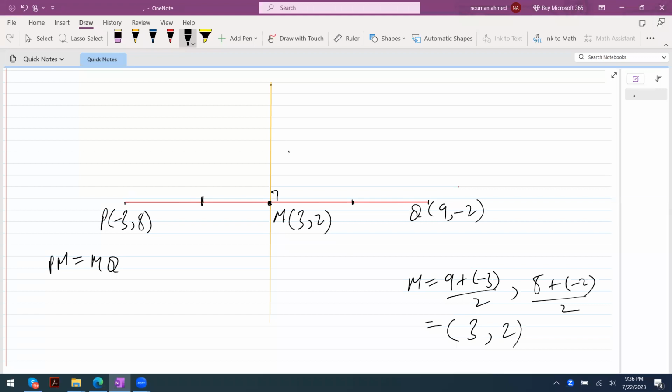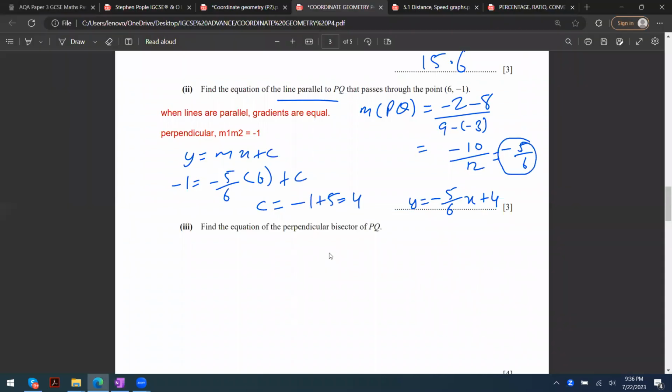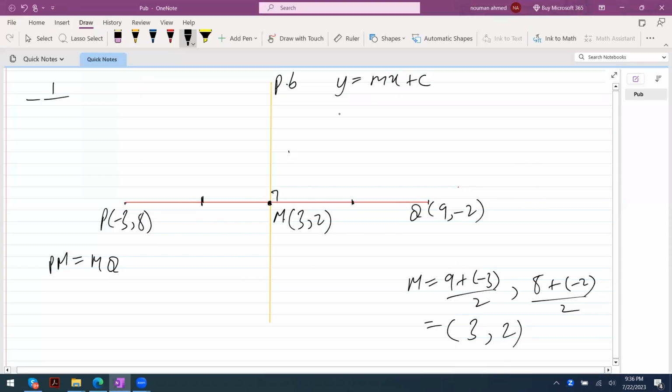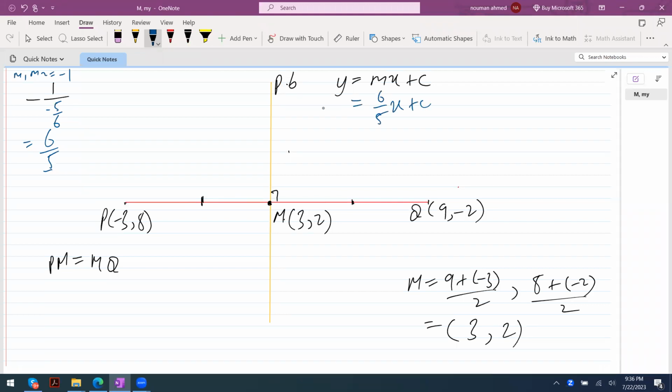So again, this is the perpendicular bisector. Let's call it PB. y is equal to mx plus c. Gradient will be, as just now Chavez told us, the negative reciprocal of the PQ gradient. What is m of PQ? We already found it here. The gradient of PQ is minus 5 over 6. So minus 1 over minus 5 over 6. Negative negative cancel, it's 6 over 5. Okay. m1 m2 is equal to minus 1. So we have the gradient, 6 over 5 x plus c.